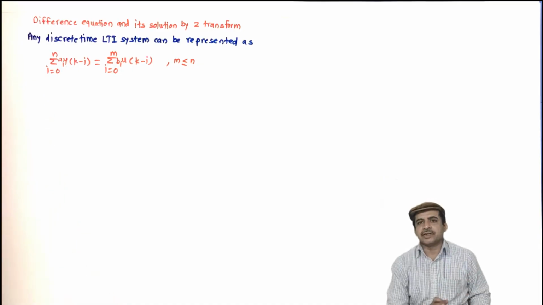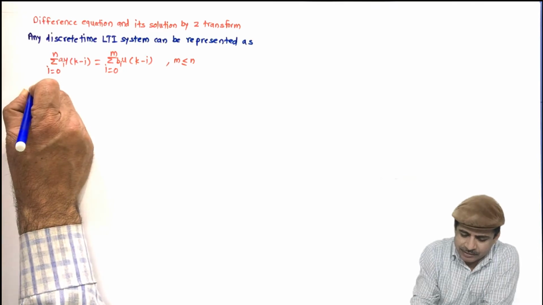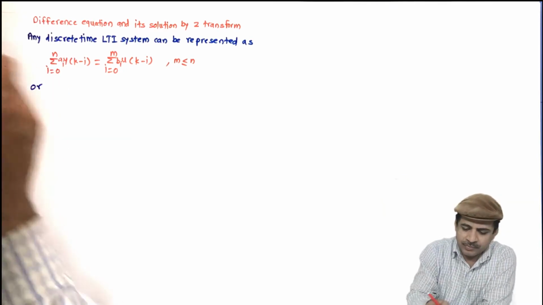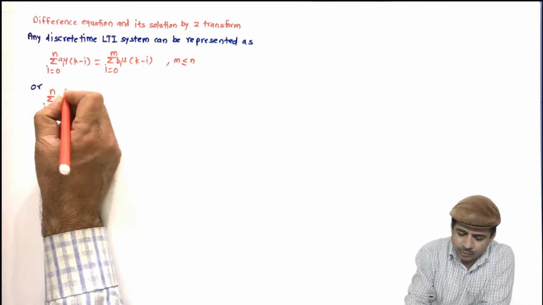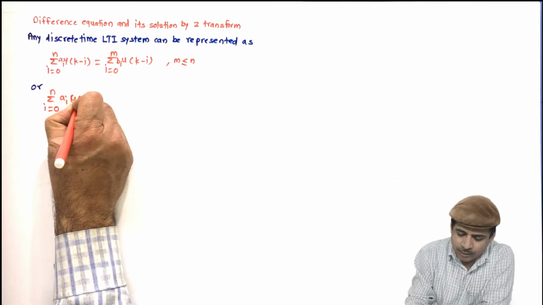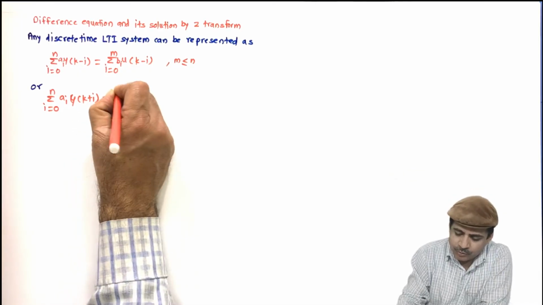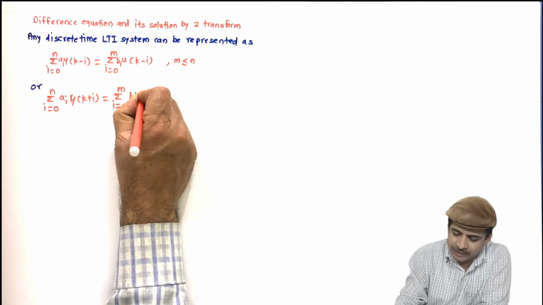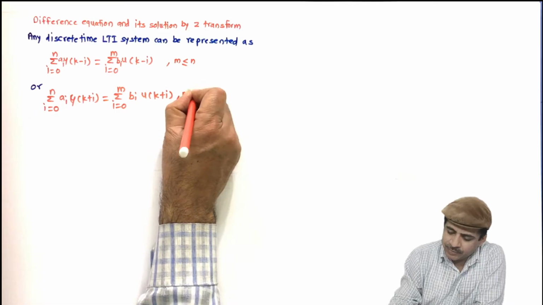Now this difference equation is represented using delayed versions of input and output. In the same way we can represent it as summation i equal to 0 to n of ai y of k plus i equal to summation i equal to 0 to m of bi u of k plus i, again with m less than or equal to n.